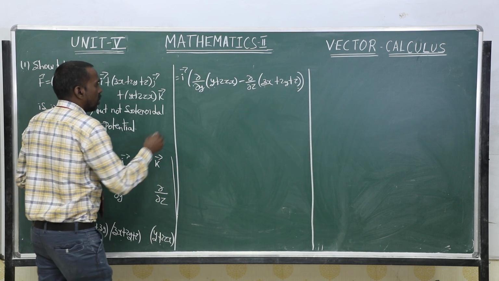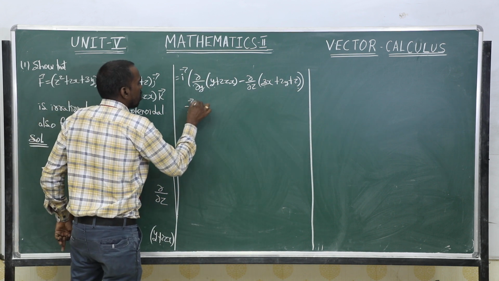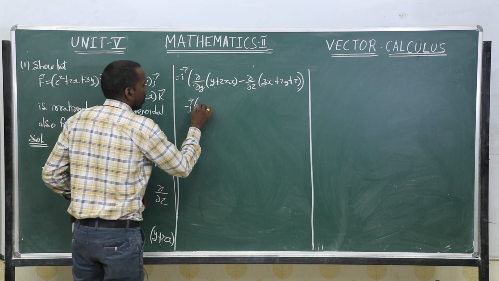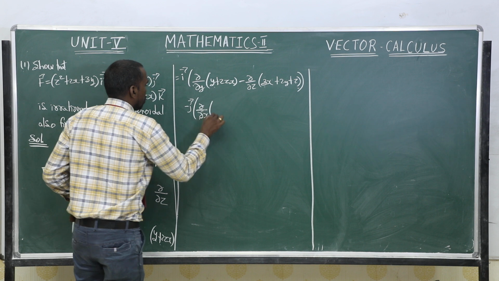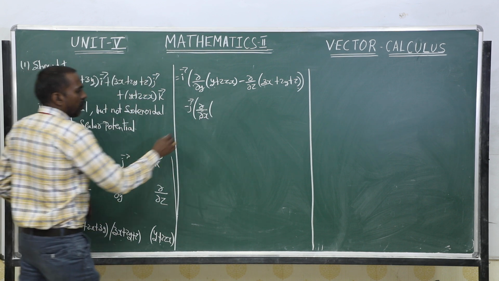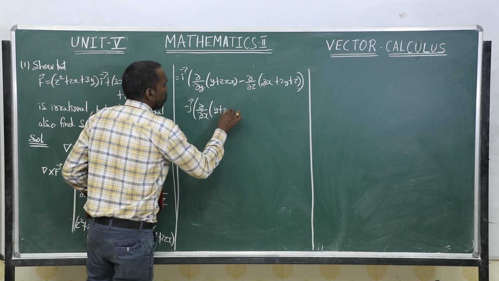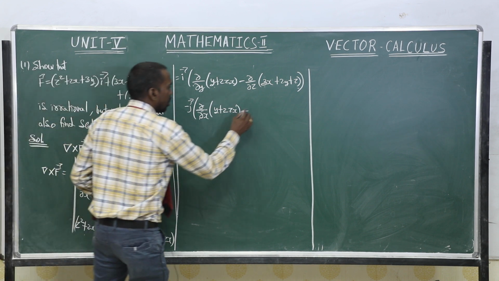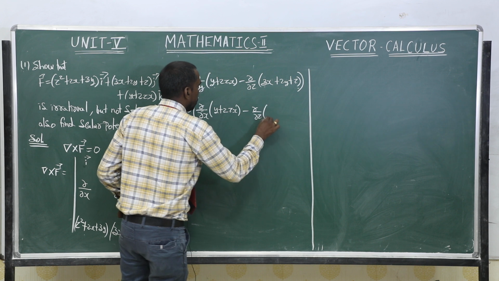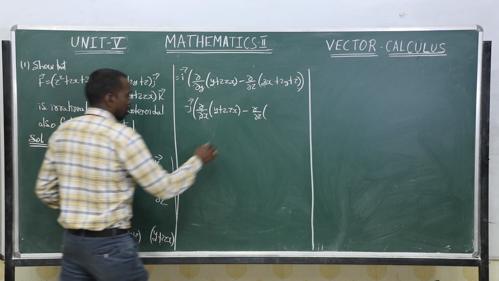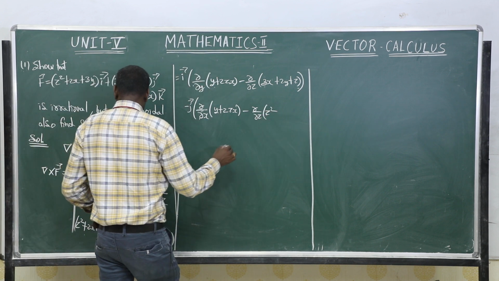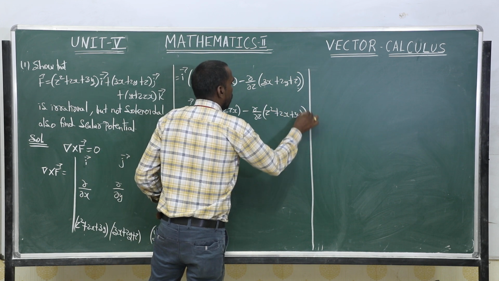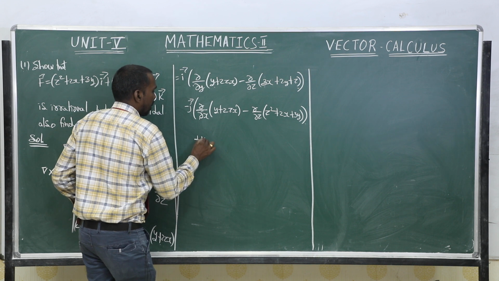The next one is minus j vector into, leave out this row and this column: del by del x of y + 2zx minus del by del z of z² + 2x + 3y, close the bracket, plus k vector.